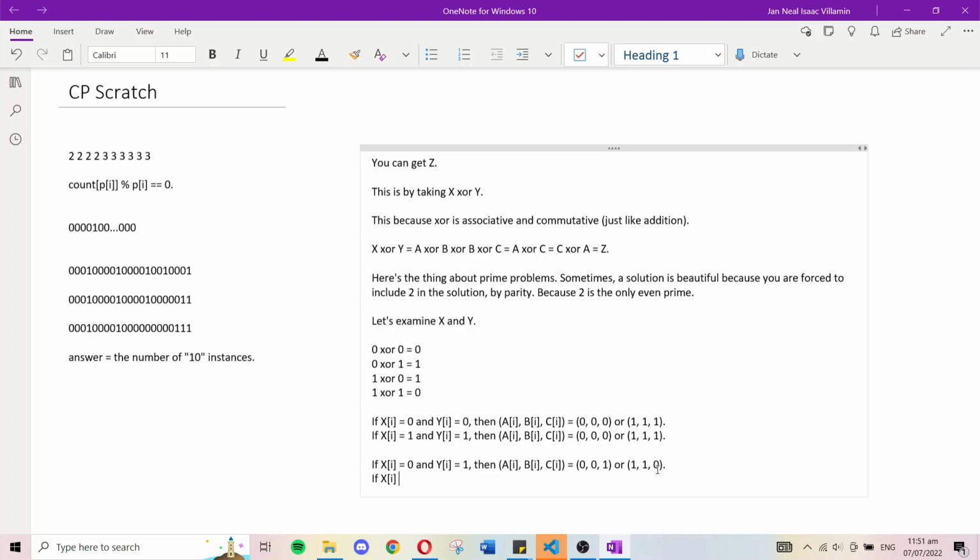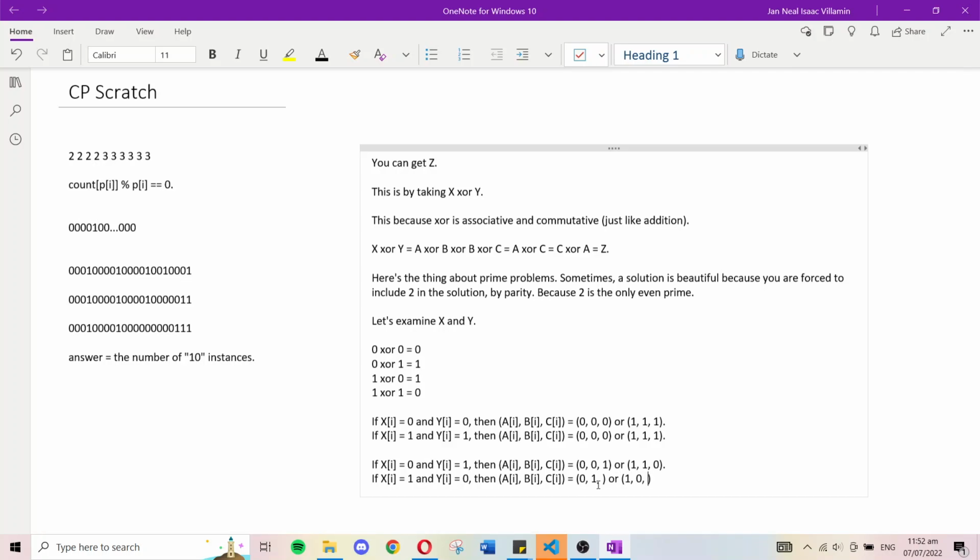And lastly, these are just pretty much the same case. You can just split them: what if the bits are different, what if the bits are the same? But let's just show them explicitly. If xi is 1, then same argument, ai and bi must be different parity, so it can be 0, 1, or 1, 0.